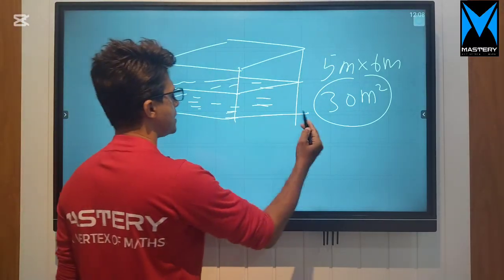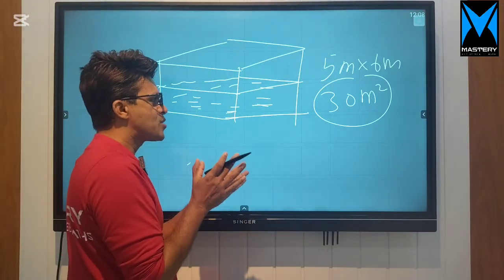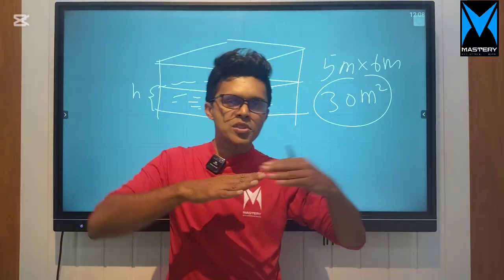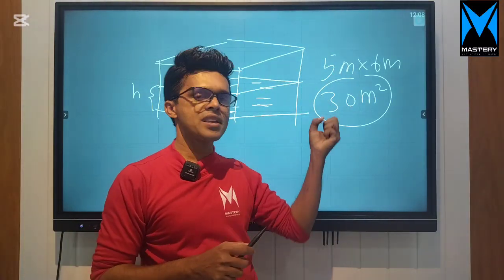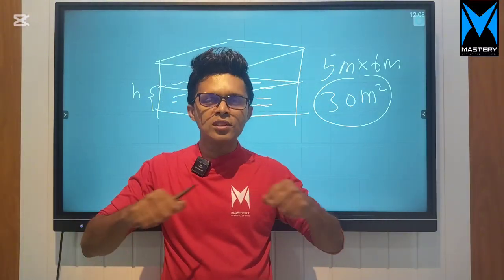Just let's take it. When length and breadth are given, you are able to get the base area. No need of giving all these values.